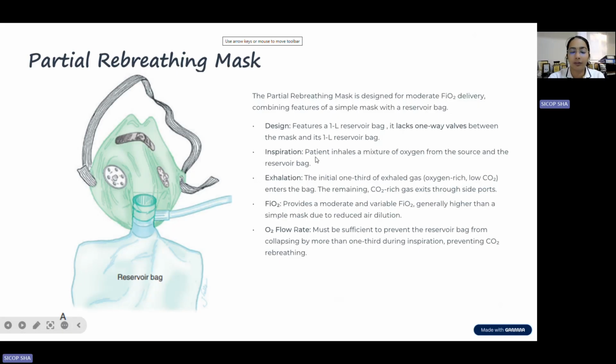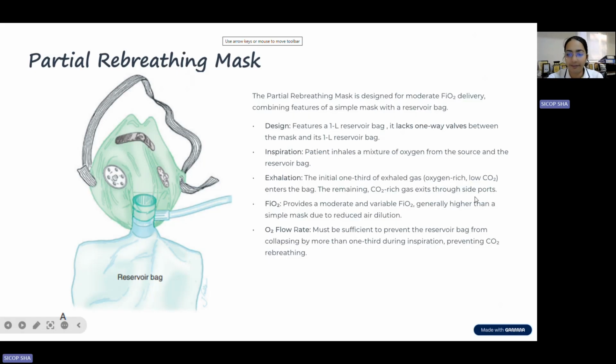While inspiring, the patient inhales a mixture of oxygen from the source. From here, it goes here. During exhalation, one third of the exhaled gas enters the bag. One third goes here, and some of it is exhaled through this.